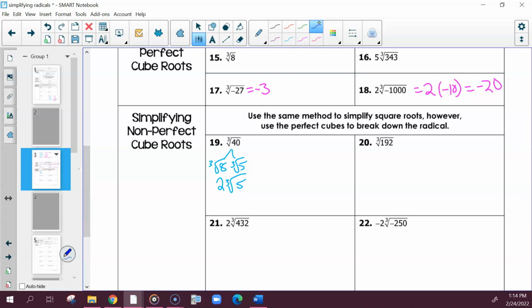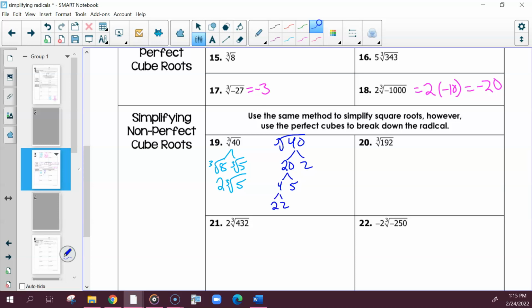However, if you were breaking it down, let's say we know this is the cube root of 40. Let's say we're just looking for factors, so that part has not changed. So let's say I do 20 and 2. Because it is a cube root, we're looking for groups of 3. So we have to keep breaking down 20. So we know 4 and 5. 4 is 2 and 2.